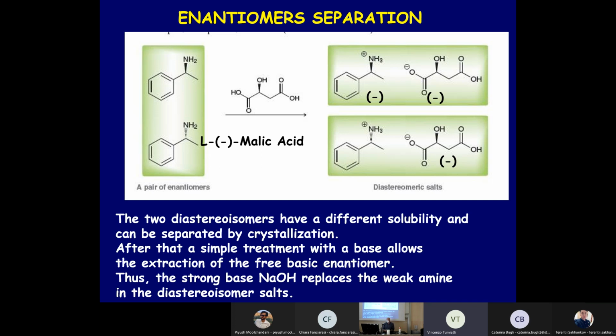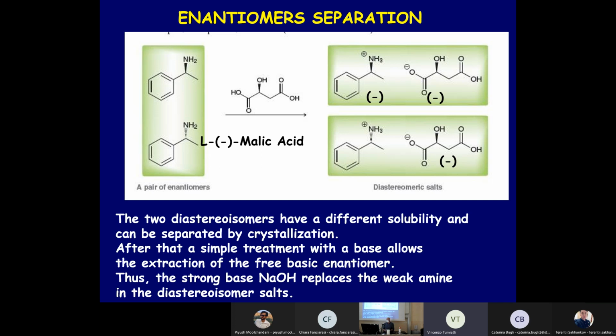So it's possible, for example, to have the precipitation of only one salt while the other remains in the solution. And so if we are interested in only the precipitated salt, we can filter off the other salt.